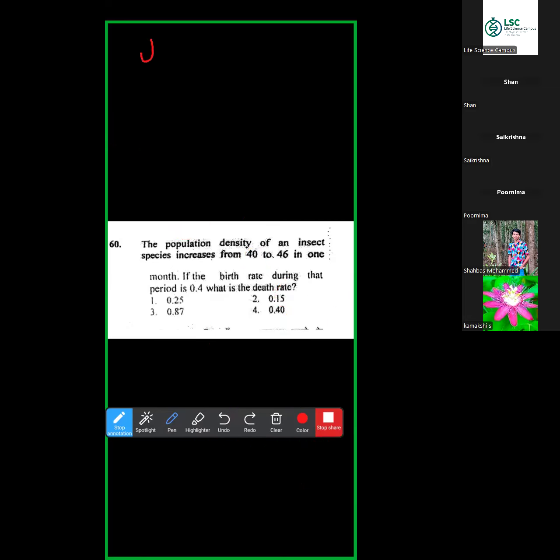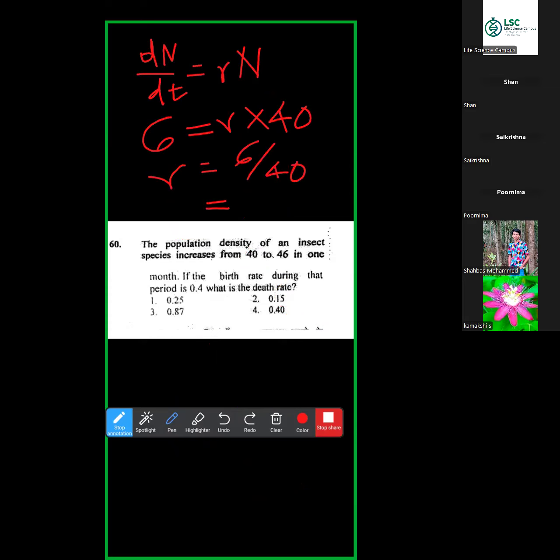So we started with delta N by delta t is equal to RN. Now we have this R value.